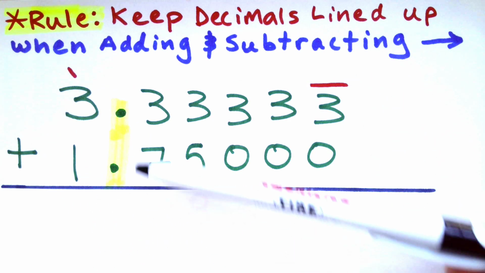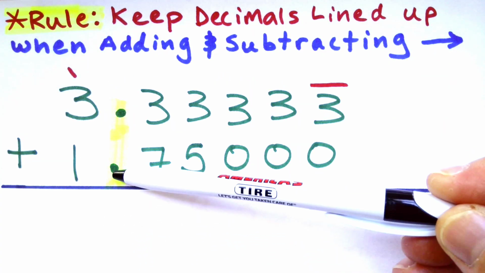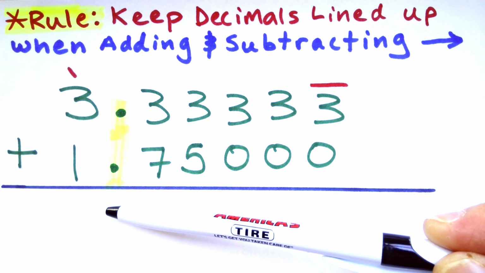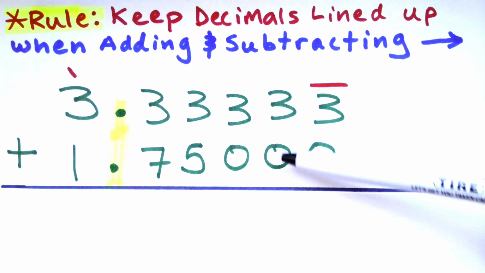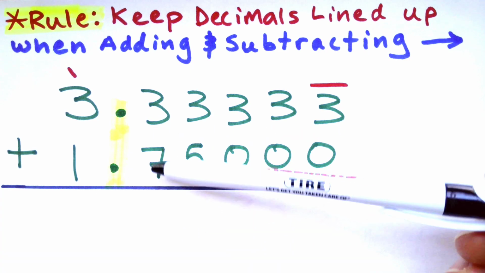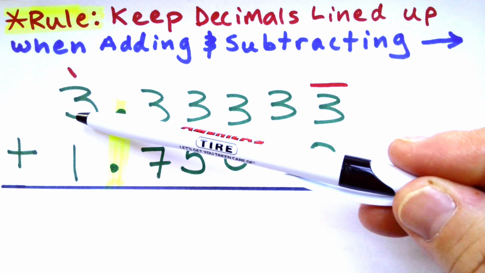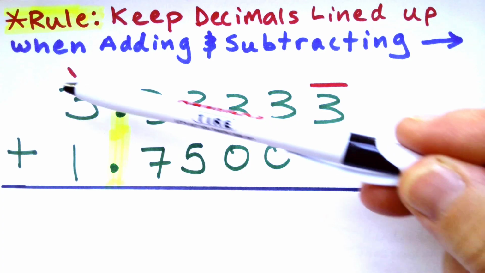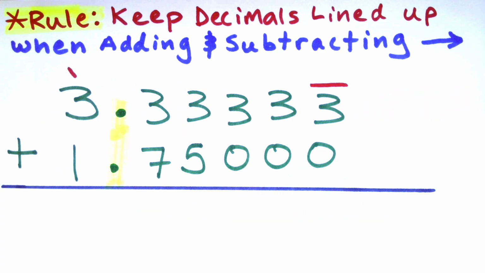They stay lined up when you give your answer. So since we're adding, I'm going to add 3 plus 0, 3 plus 0, 3 plus 0, 3 plus 5, 3 plus 7. Keep that decimal lined up in your answer. And 3 plus 7 is 10, so I have a 0 here. I carried the 1.